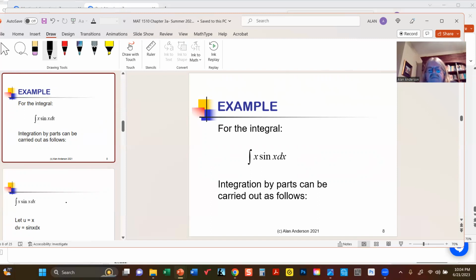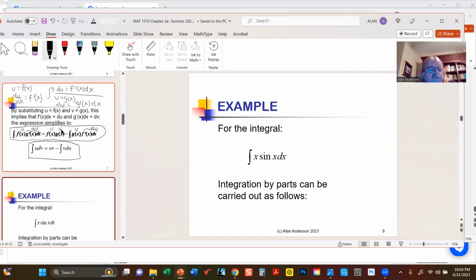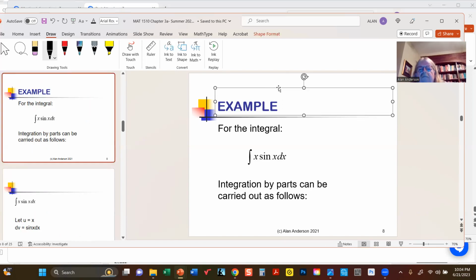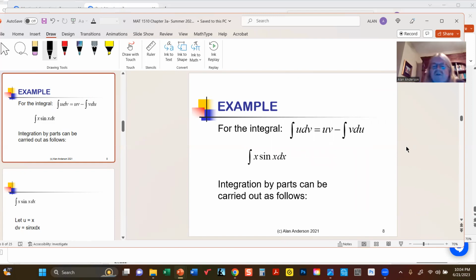So remember, you need four things. You need to worry about u, du, v, and dv. And remember that the whole technique is based on solving for the integral of u dv. So if you're going to use this technique, what you have to do is make a decision.